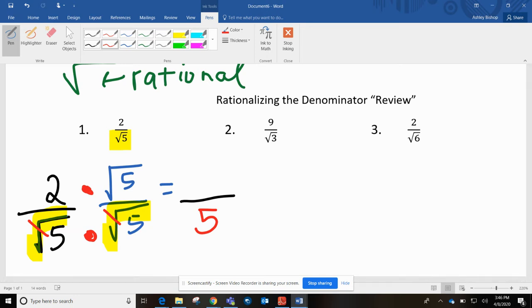When we're multiplying, whatever is on the outside multiplies by whatever's on the outside, and whatever is underneath the radical gets multiplied by anything underneath the radical. We have one number outside of the radical and one number underneath the radical, so we can't simplify those. We just write them right next to each other. So 2 times the square root of 5.